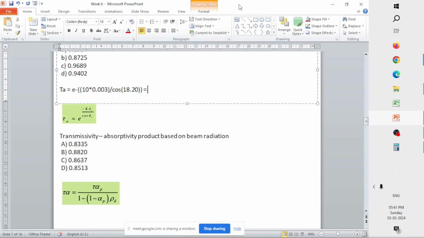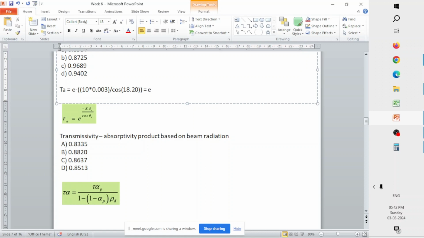Minus 0.03 the whole divided by cos of 18.20, 0.031579.